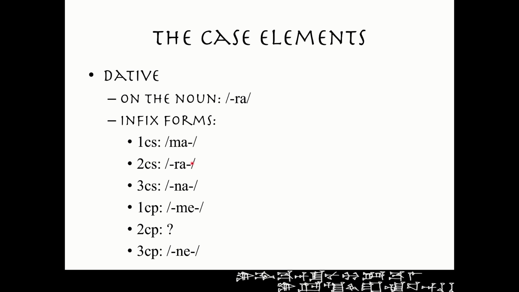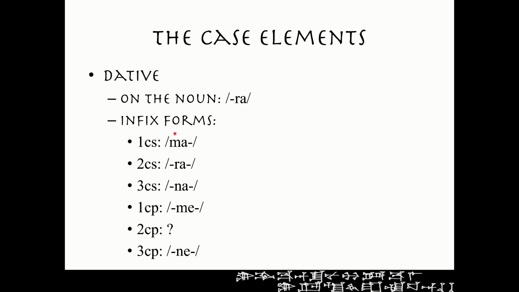So if they wanted to say in the verbal chain, to me, the dative in the first common singular, this is the only weird form, the only weird way that this shows up, because it's not an infix. This goes on the front of the verb. Ma do three.